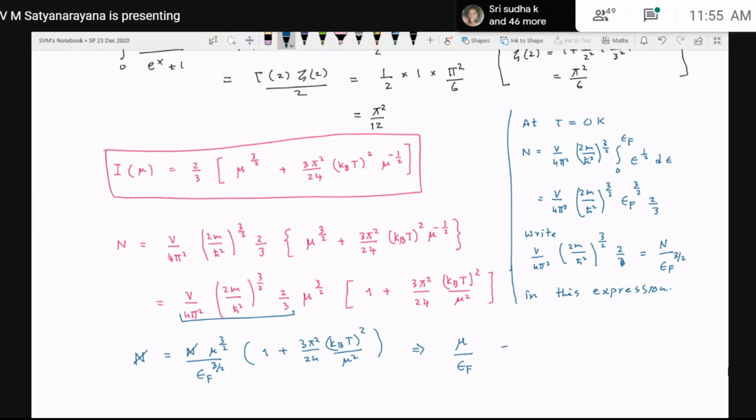I can write this as 1 plus 3 pi square by 24 into (kBT) square divided by mu square, to the power of minus 2 by 3, because this is going to be 1 by, and 3 by 2 will become minus 2 by 3.